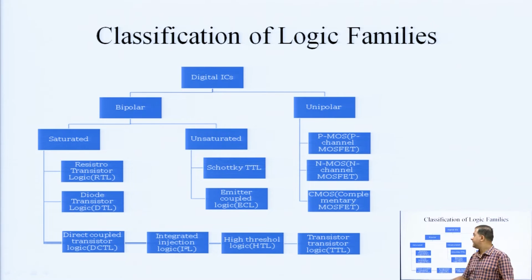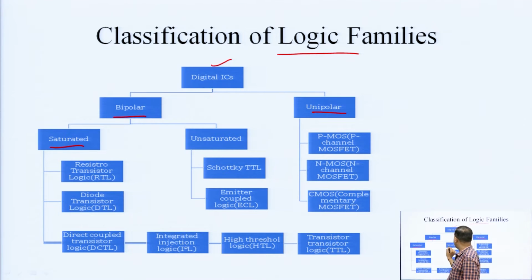This is the classification chart for logic families. You can see the ICs can be either bipolar or unipolar. Bipolar can be of two types, saturated and unsaturated. Saturated can be classified as RTL, DTL and DCTL.